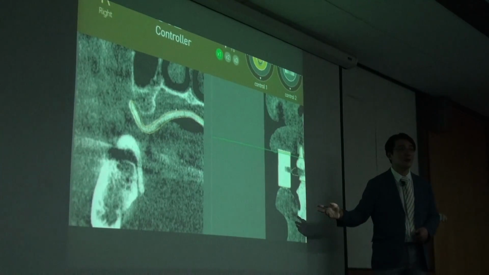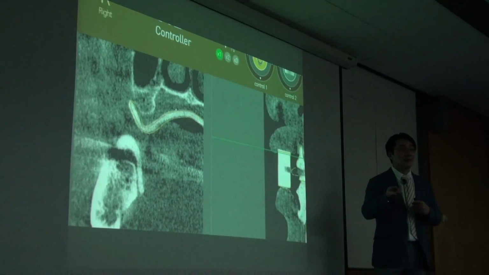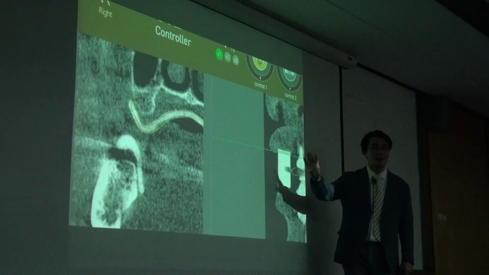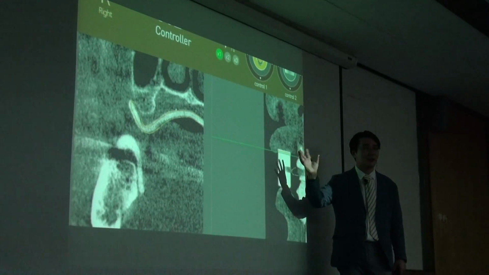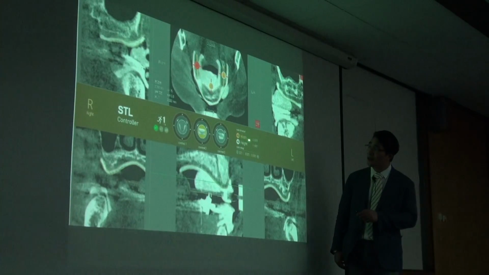That's why, when using Nobel Biocare, Nobel systems, some clinicians say, I placed the implant very well, but it is a little bit different between the virtual planning stage and the final stage. Because every CT has some volumetric distortions. So we made this kind of function.